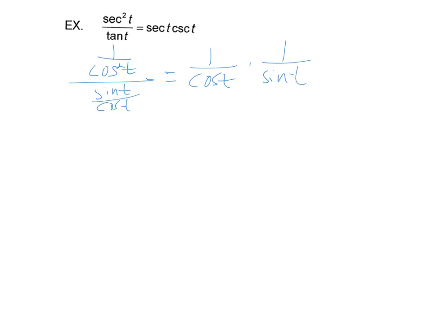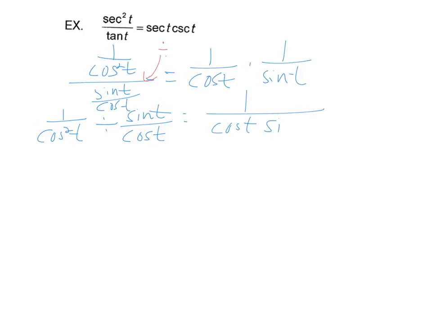Now remember that the fraction bar means divide, so let's unstack those fractions. 1 over cosine squared divided by sine over cosine. On the right side, if I multiply the fractions, I have 1 over cosine sine. The rule for dividing fractions is to flip and multiply.